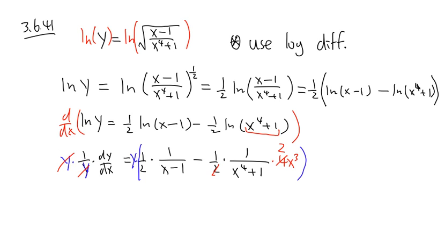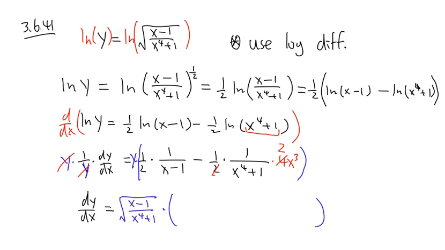So here I will get dy/dx, which is the derivative, equal to y, and let's write y as the original function, which is the square root of (x minus 1 over x to the 4 plus 1). That's y, right? So this y will turn into the square root of (x minus 1 over x to the 4th plus 1), and we'll multiply this with whatever we have inside.